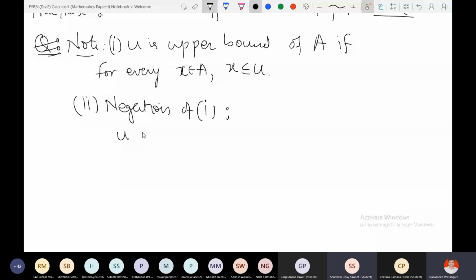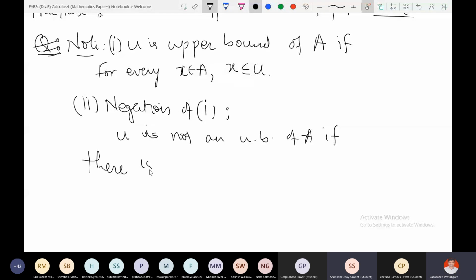U is not an upper bound of A if the second condition fails. So this fails means what? Every x is less than or equal to U fails means what? There exists x belonging to A such that U is less than x.